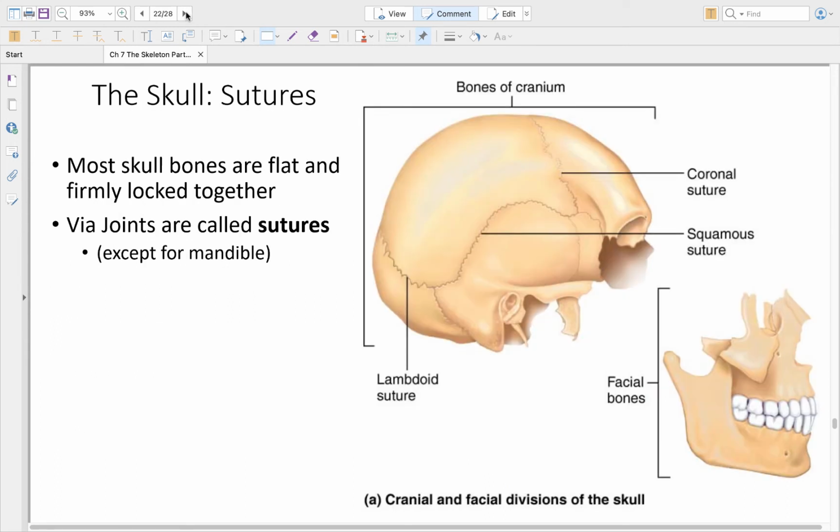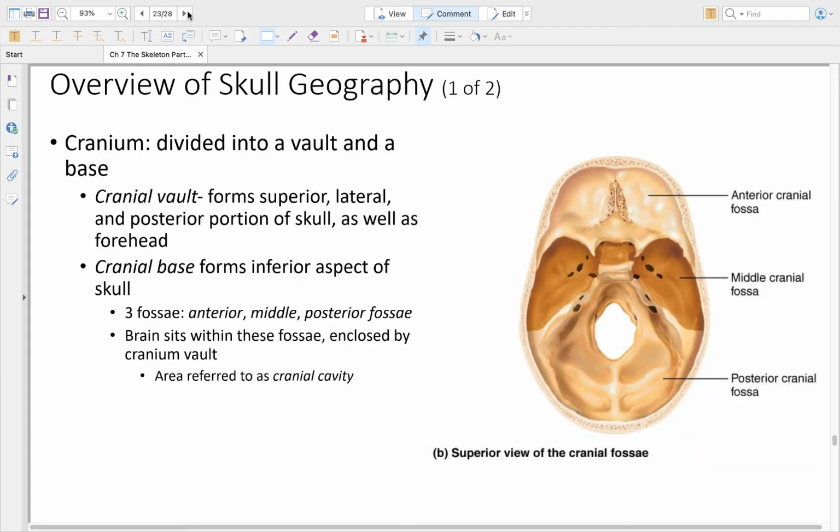Now, we've reviewed the sutures, and I just want to emphasize that all of the sutures we have covered in this lecture today, we need to be able to identify them as students. We're going to look at the full skull geography. So what's happened here is they've cut the skull and removed the top half. And so we're looking straight down into the skull. And what's here are called fossas.